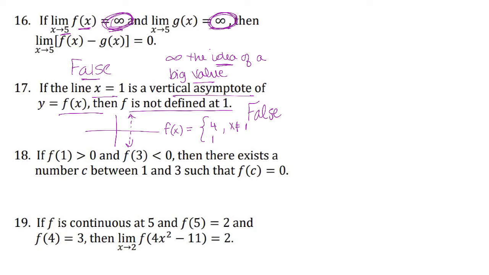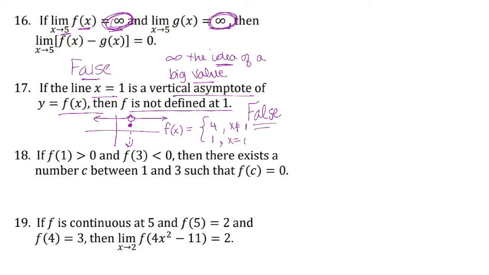But we might define this function to be 1 when x is 1. So in other words, at (1, 1) I have a closed circle. And then for the rest of the time, we have this here with this open circle at y equals 4.